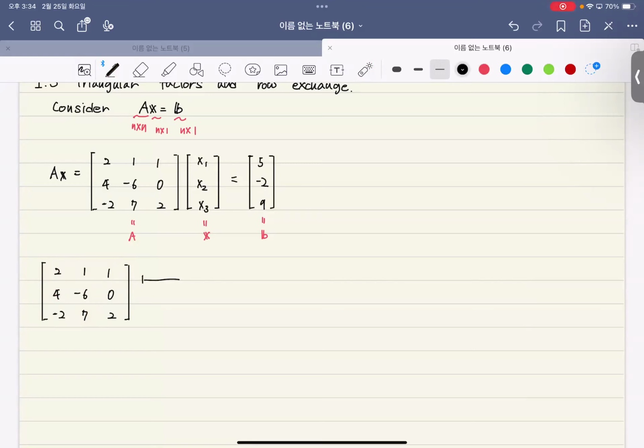For future purposes, I will keep a record of every single elementary row operation. So -2 times the first added to the second, and 1 times the first added to the third. Then I have 2, 1, 1, 0, -8, -2, 0, 3, and 0, 8, 3.